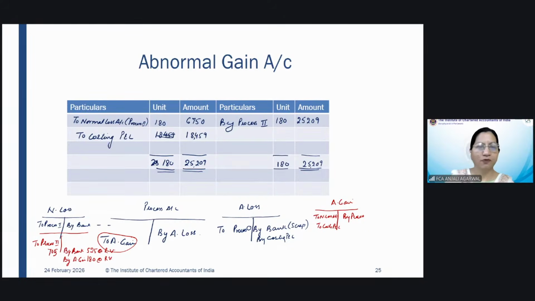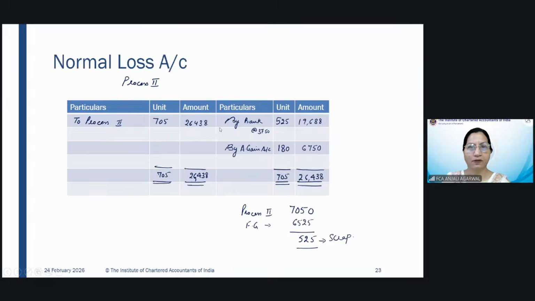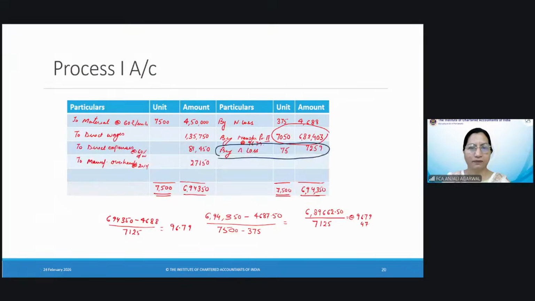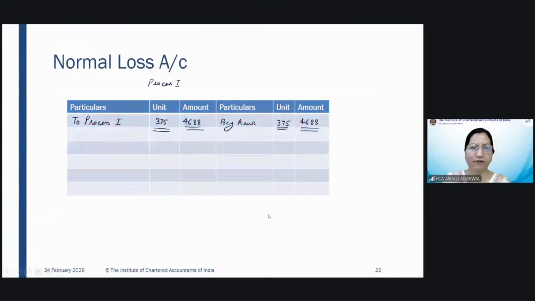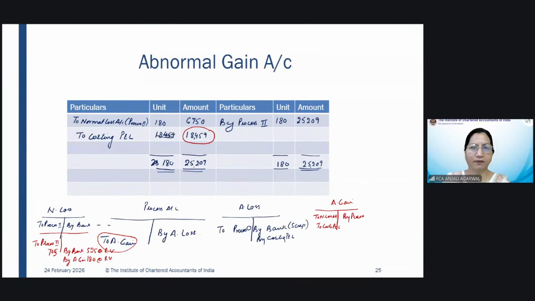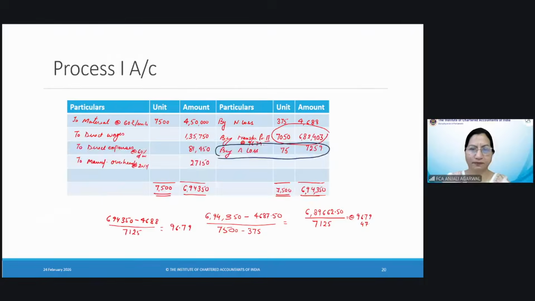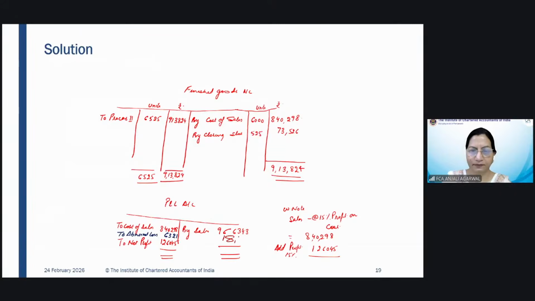Okay. So the true profit is 18,459 only. Now what you will get will be the true net profit.